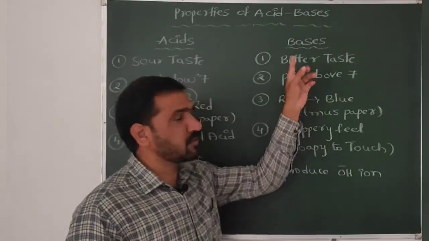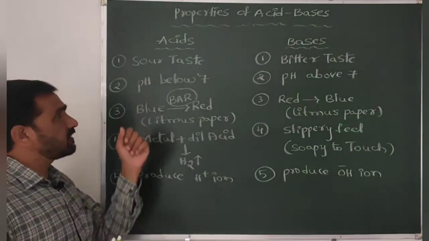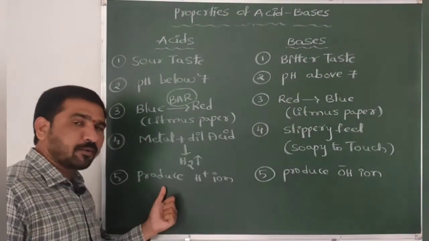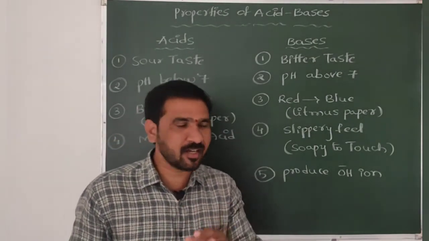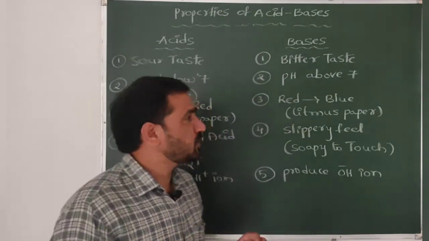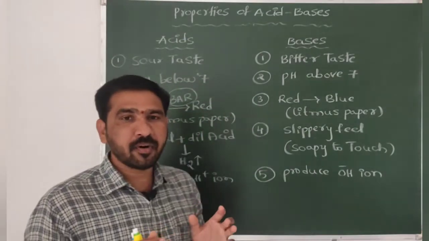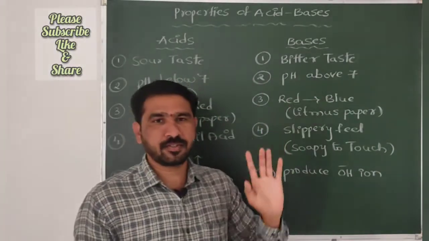This is the character of what? Bases, right? Then the fifth point under acids: they produce H plus ions. Generally, acids produce H plus ions and bases produce OH minus ions. So these are the basic, important, main characteristics of acids and bases.